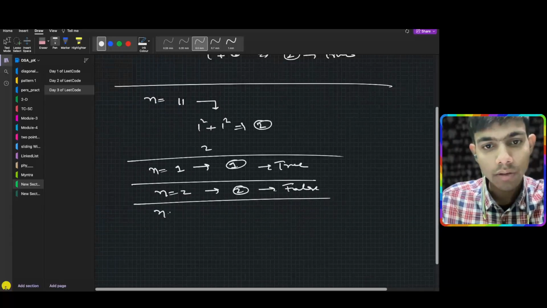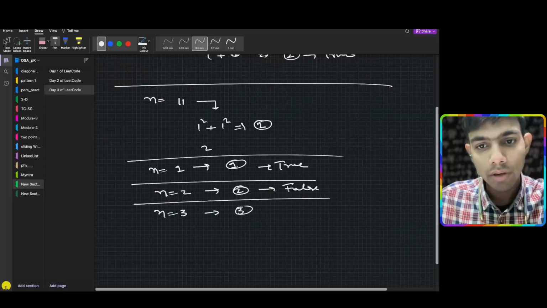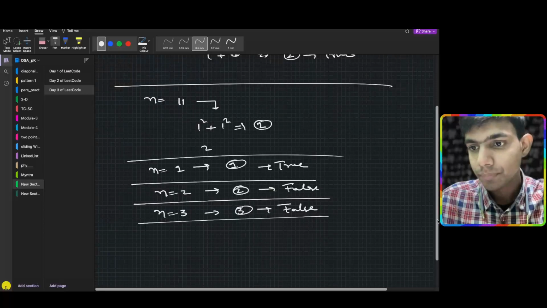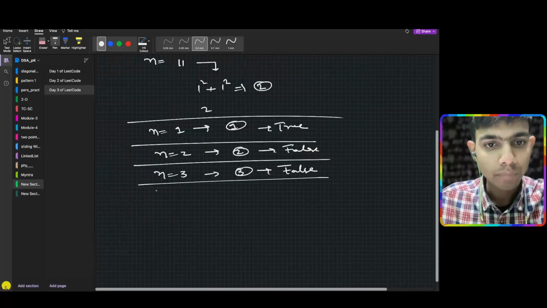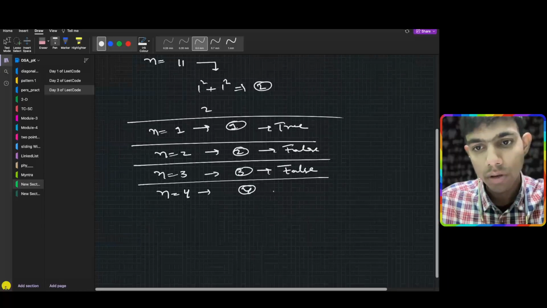If n is 3, ending with 3, that means false. If n is 4, ending is 4, that means false.